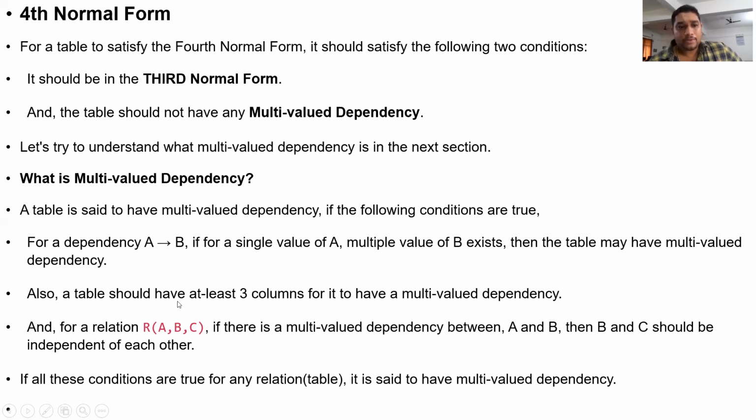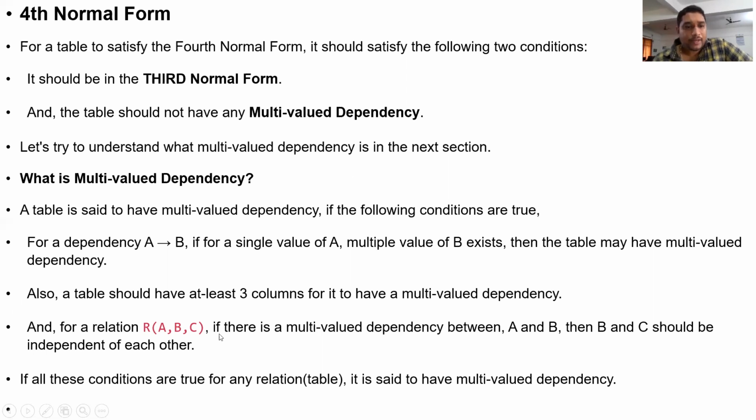Also, a table should have at least 3 columns for it to have a multi-value dependency. Already you know that to divide a relation, it must consist of a minimum of 3 columns. If there are only 2 columns, we should not follow multi-value dependencies.